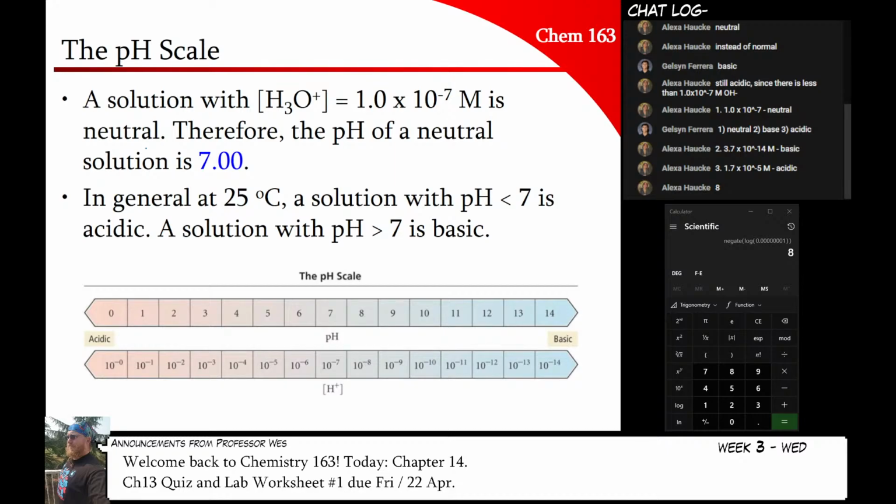On the bottom here, I have a scale of potential pHs and then the concentration of H plus in moles per liter that is assigned to that. And you can see that it's basically 10 to the minus pH, right? So the amount of H3O plus that's in there is 10 to the minus pH moles per liter.